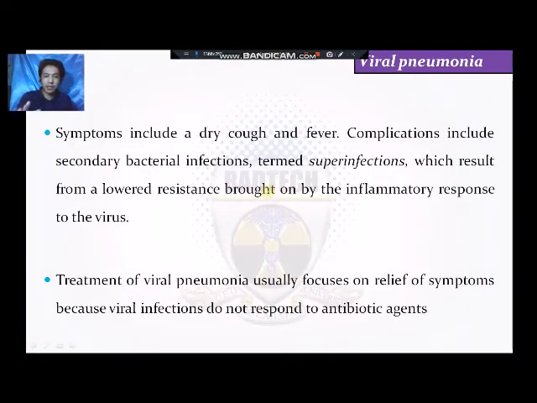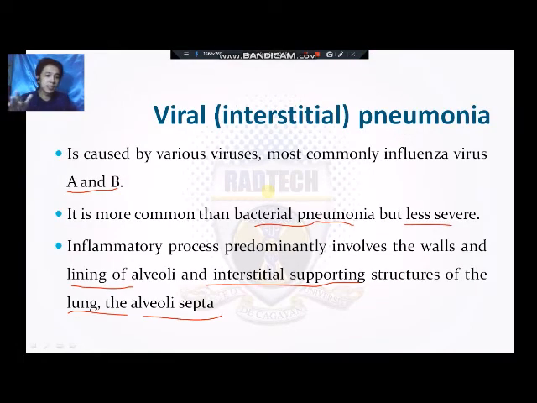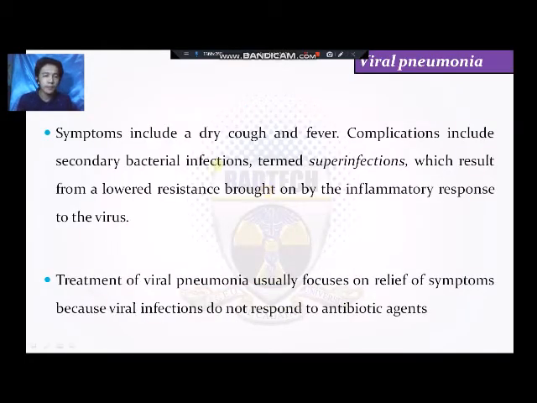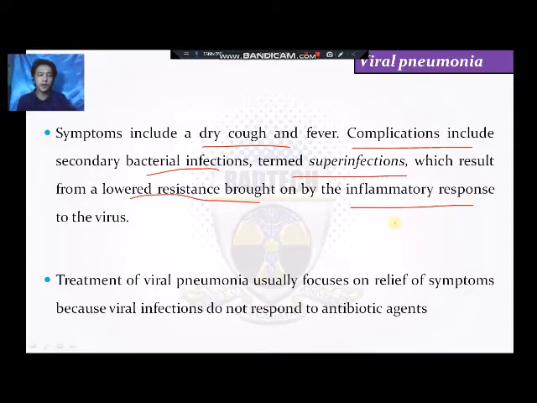Now, the septa means the membranes that separate the alveoli from one another. Okay, so symptoms can include dry cough and fever, and complications can include secondary bacterial infections termed superinfections, which result from a lowered resistance brought on by the inflammatory response to the virus.